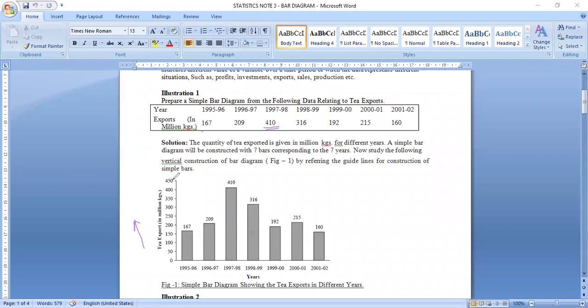So say for example, in your copy, this blue box is the portion of the copy where you want to draw the bar. Okay. Now you see the maximum frequency is 410.